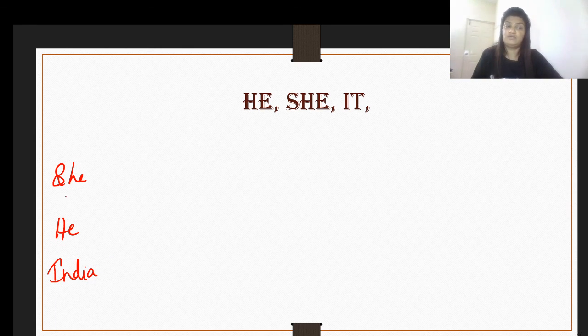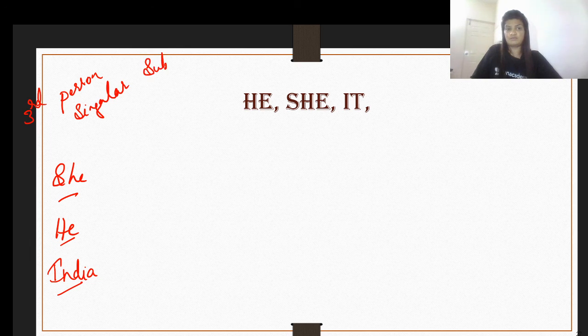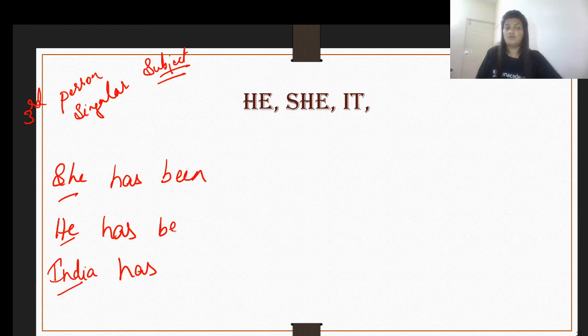Now, because we are using she, he, and India, which are third person singular subjects, let us use the plus s verb, which is she has, he has, India has. Because this is present perfect continuous, we are going to use been as well.